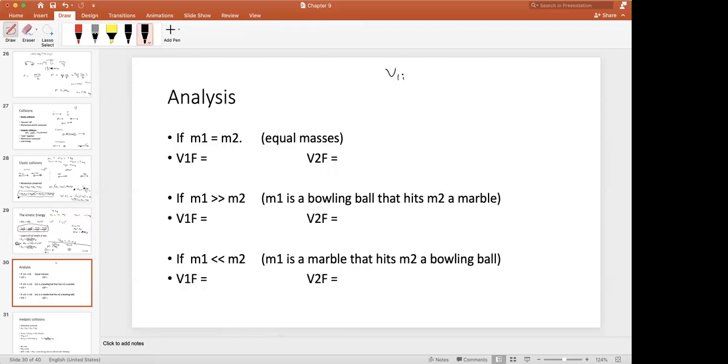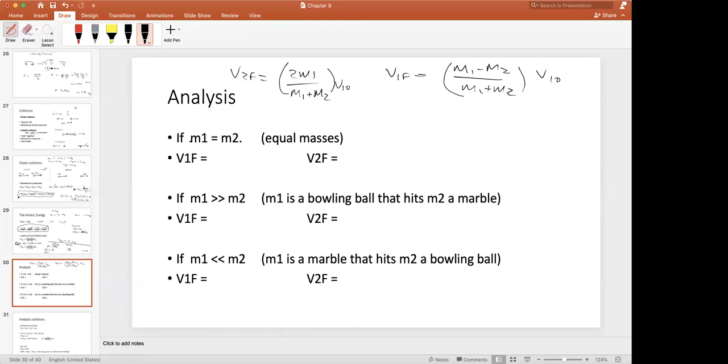So we have that V1 final is M1 minus M2 over M1 plus M2 times V1 initial. And V2 final is 2 times M1 over M1 plus M2 times V1 initial. So what happens if they are equal?